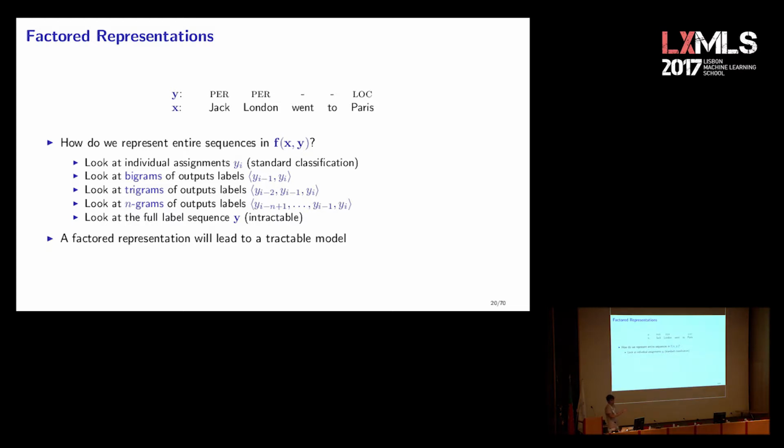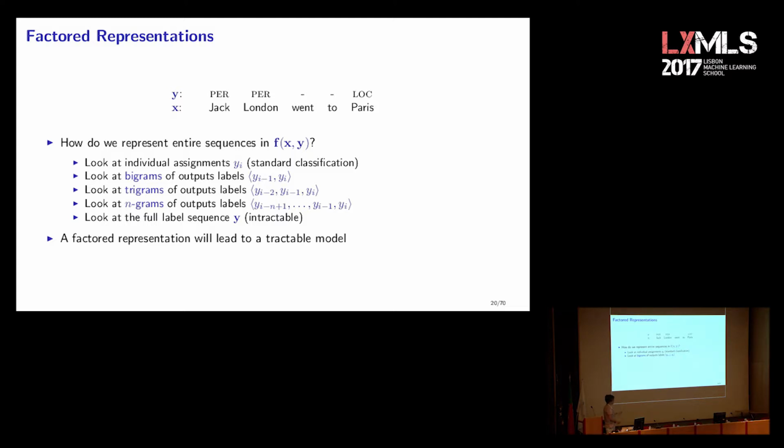So what we can do is look at two labels at a time, adjacent. I call that a bigram because they are adjacent labels. So we look at person, person, and then person. Any adjacent labels y_{i-1}, y_i form a label bigram. We could define a feature function that has the expressivity to look at every bigram in the output sequence.